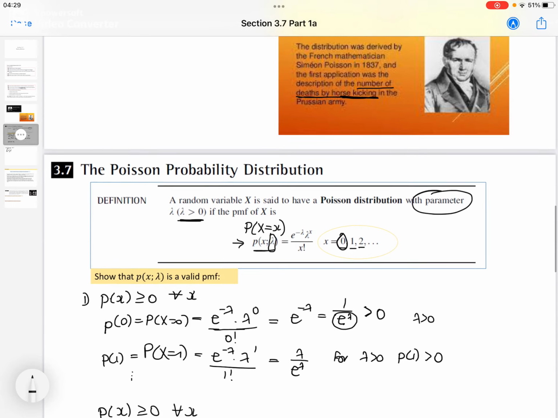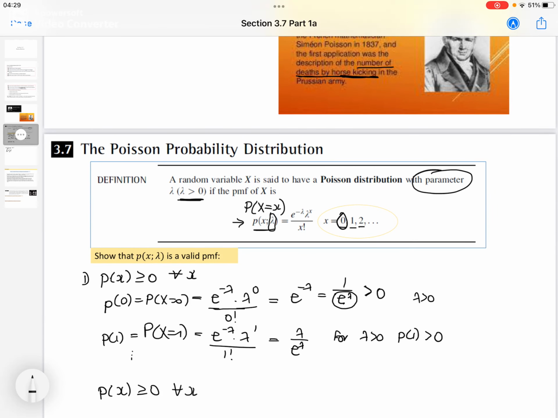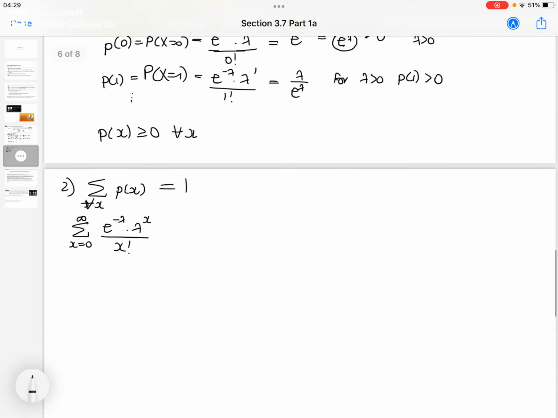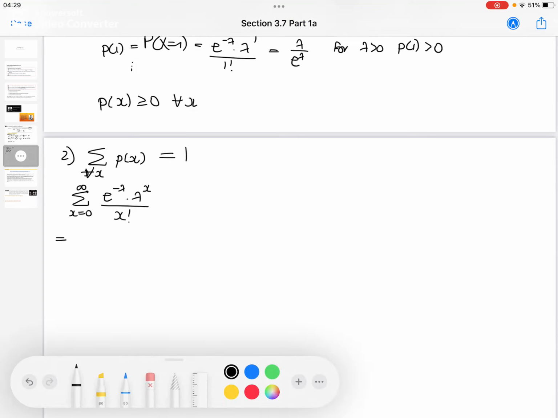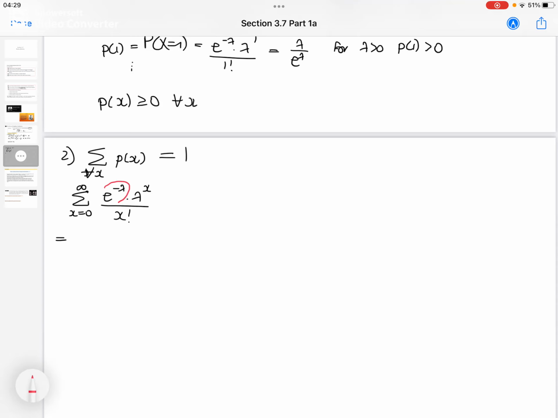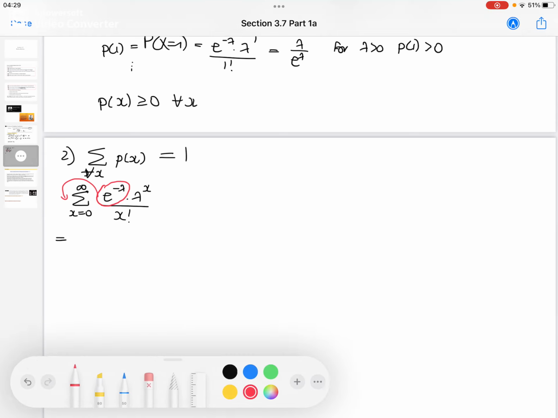Why? Because the definition says x is equal to 0, 1, 2, 3, 4, 5, and so on. All right. Now, what can we do next? So we can take out the constant e to the power minus lambda and put it right in front of the summation sign, right? Since we're summing from x equal to 0 to infinity.